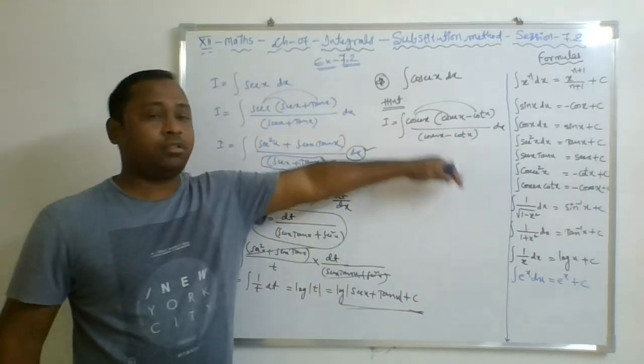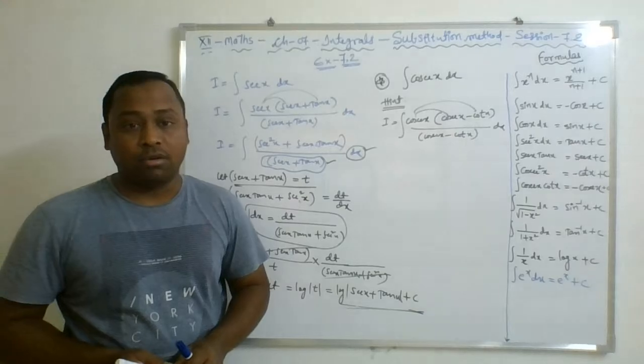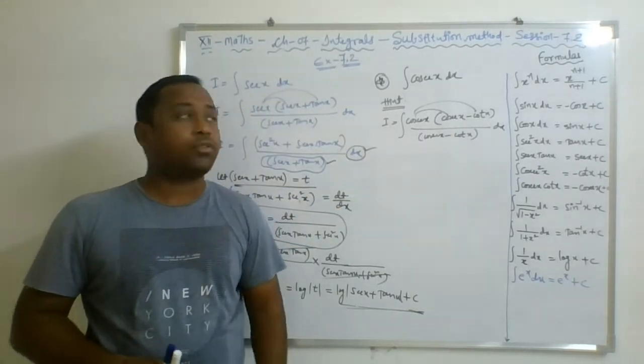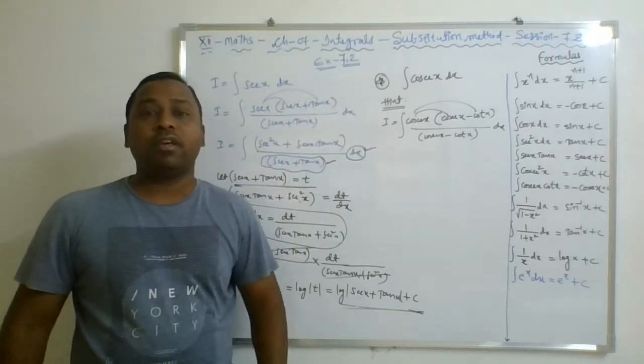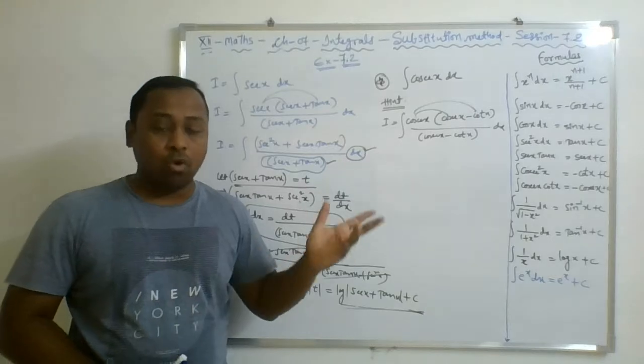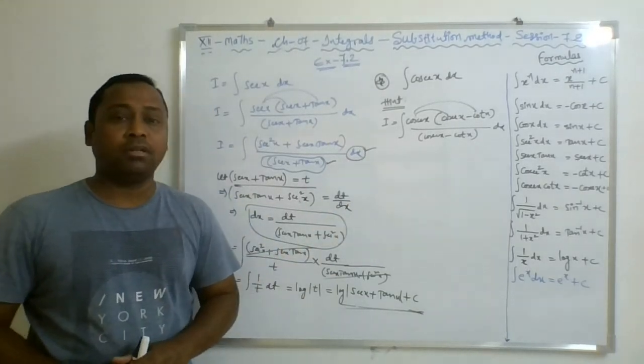I am leaving this solution to you as homework. With the help of these four formulas, you can perfectly solve exercise 7.2. Still, I am taking a few more questions where we can see the substitution technique.